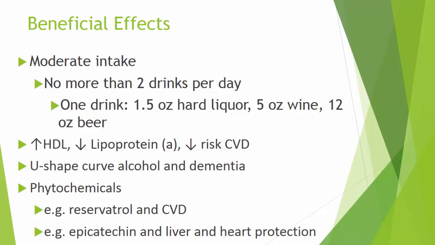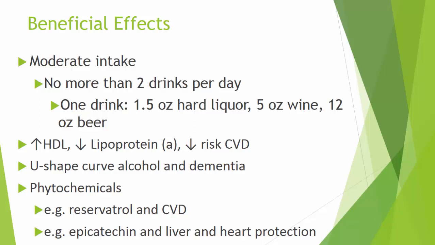Now let's talk about some more beneficial effects. Ethanol has been shown to be the main substance that can elevate HDL in the blood. Now what is HDL? When we get to lipids, we'll be talking more about this, but now we need to talk about it. Lipids, triglycerides and cholesterol, are carried in the blood in little transport packets called lipoproteins. There are lipoproteins called low-density lipoproteins, very low-density lipoproteins, and high-density lipoproteins.